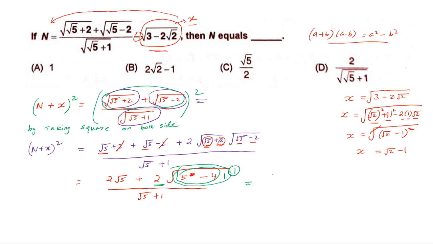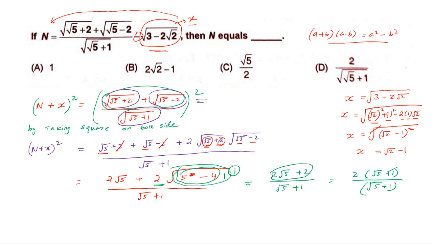So this we can write as 2 root 5 plus 2 divided by root 5 plus 1. In the numerator we can take common 2. So that 2 into root 5 plus 1 divided by root 5 plus 1.